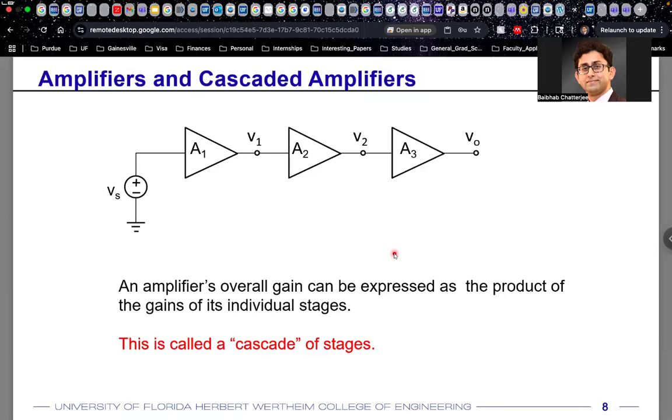If you cascade another amplifier after this, you would expect another sine wave, which is 5 times 500 millivolts, so that would be 2.5 volts. This is called cascading of amplifiers, and ideally you can cascade as many as you want, so that you can increase the amplitude from 100 millivolts to 500 millivolts to 2.5 volts and so on.